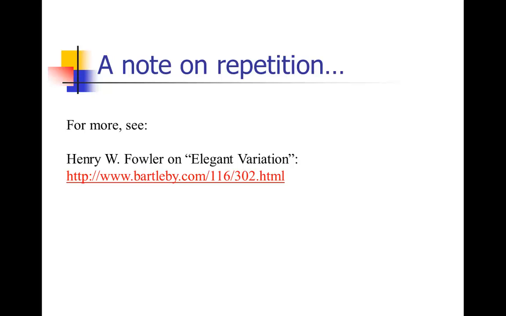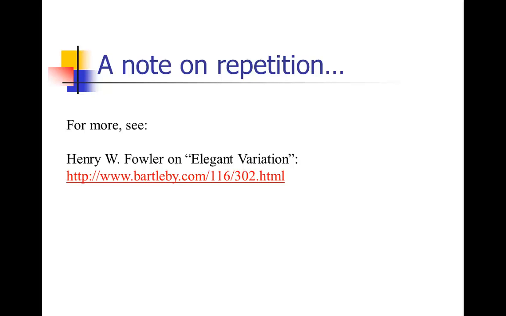And if you want to read more about this, there's that Time article that I have on the earlier slide, and then Henry Fowler actually coined the term elegant variation for this kind of needless synonyms. So he came up with this term of people trying too hard to come up with a synonym rather than just using the simple word to avoid repetition.